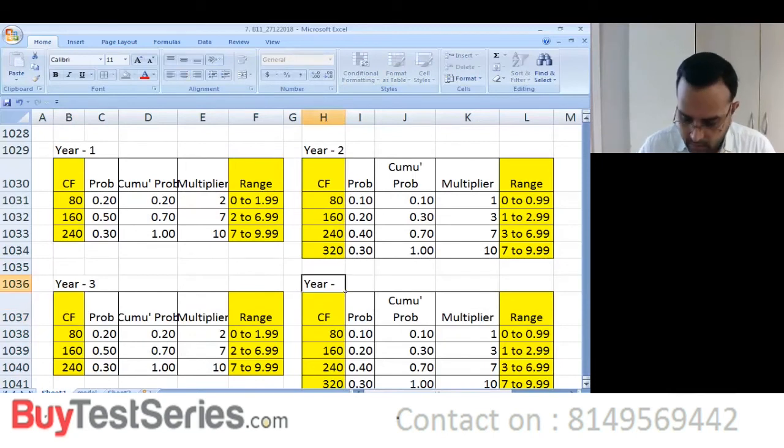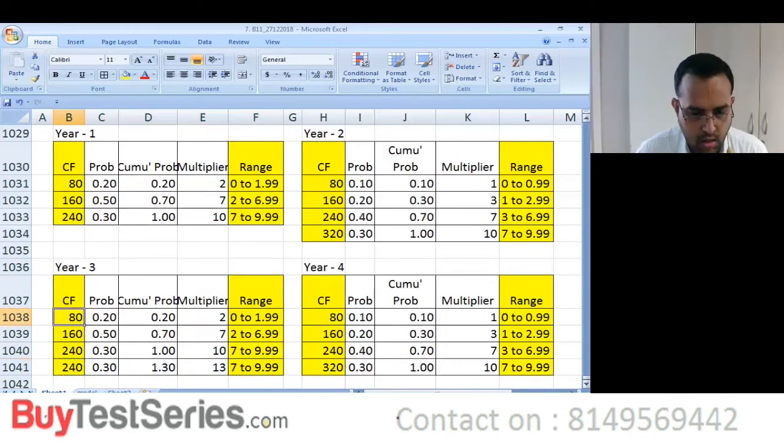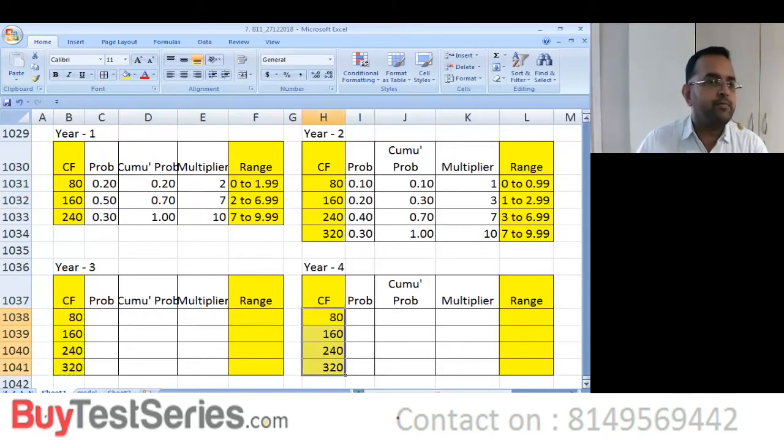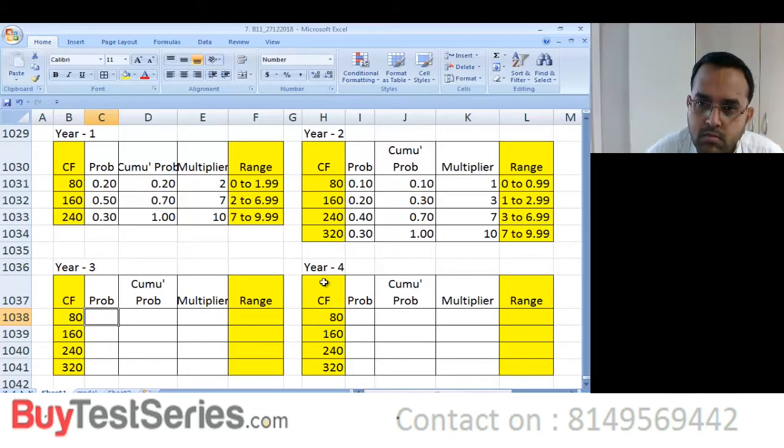Year 3, year 4. Year 3, can you help me out with numbers?